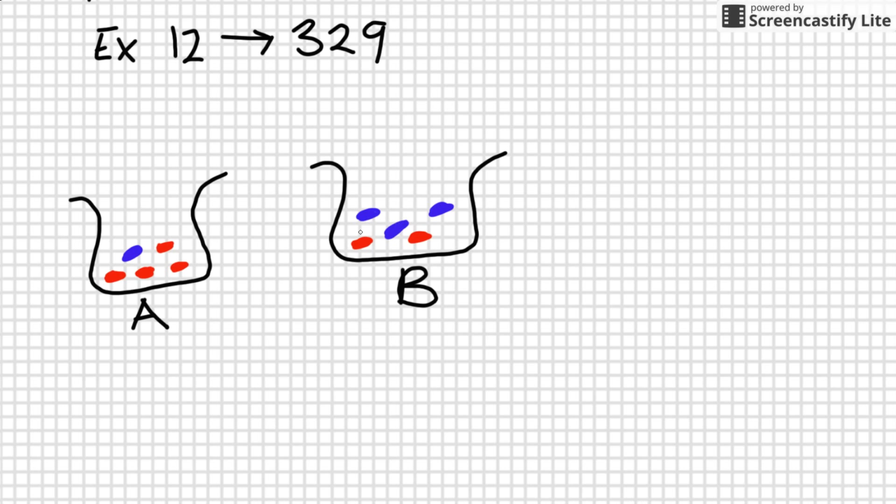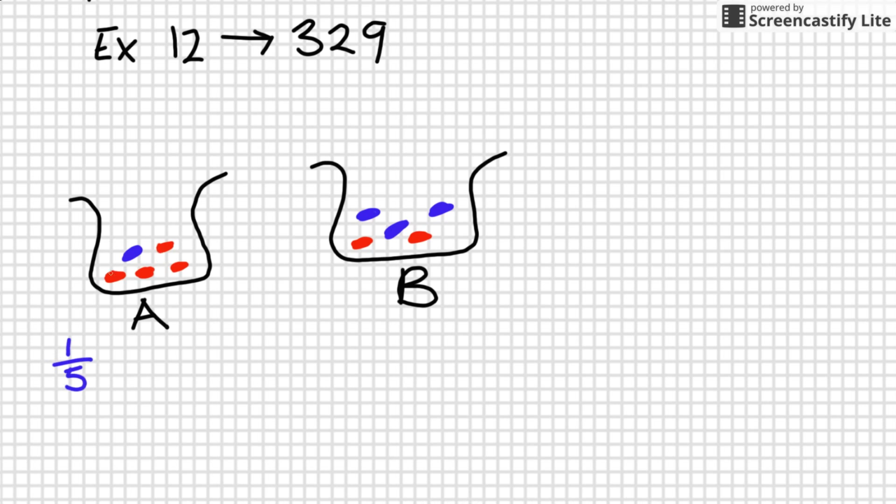So just to reinforce what we've done so far, there is a 1 in 5 chance of picking out a blue jelly bean from bag A. And if I reach in to get it and pick out a red jelly bean, there is a 4 in 5 chance of that happening. So for blue, we have a 1 in 5 chance happening here.